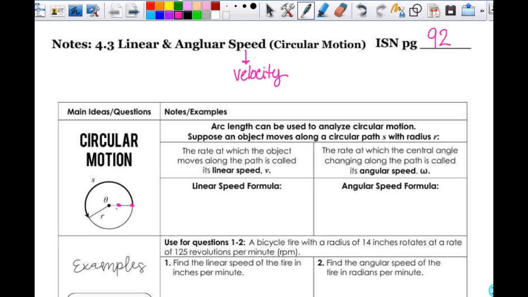So in 1 minute, how many times it goes around, this one's going to have to go a lot faster to keep up with this one.